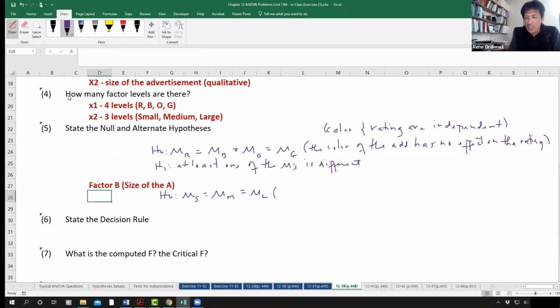Okay, translation, the size of the ad has no effect on the rating.